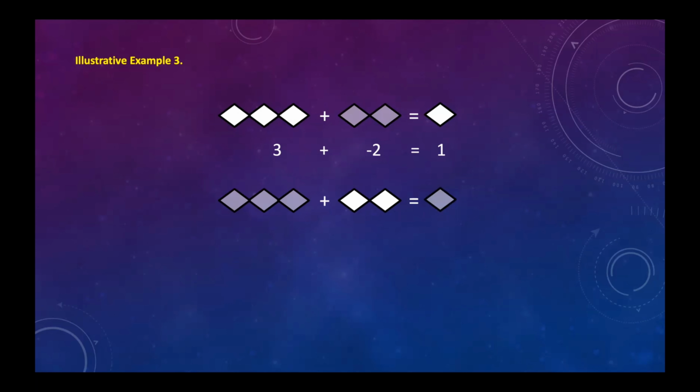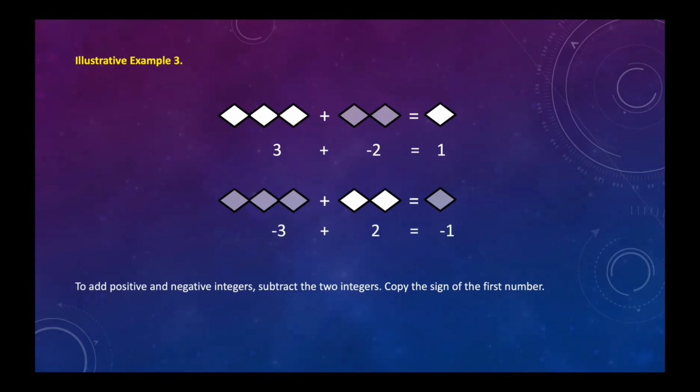Bakit? To add a positive and negative integers, subtract the 2 integers and copy the sign of the first number. So, kakopy nyo yung sign ng una, yung 3. Nakita nyo, positive, ang result niya is positive 1. Pag negative 3, ang result niya is negative 1.